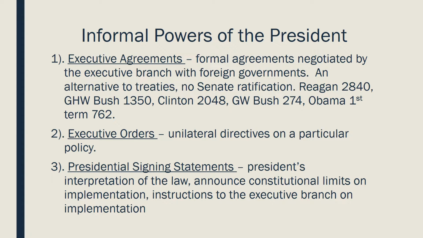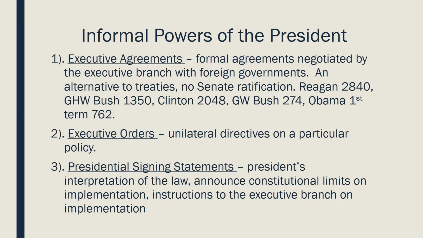Outside of those formal powers of the president, we see several informal powers of the president in U.S. foreign policy as well. The Senate has approval of treaties. Two-thirds of the Senate is supposed to vote on treaties. However, in recent history, treaties have fallen by the wayside as the formal agreements among the United States and other nations.